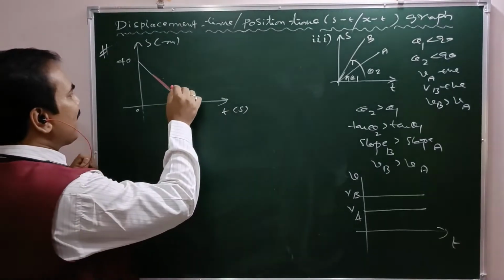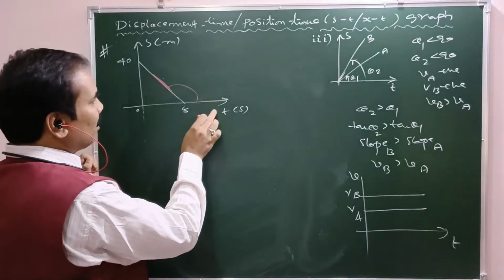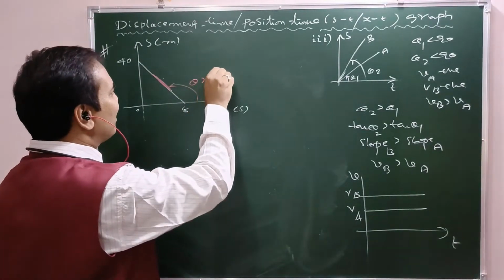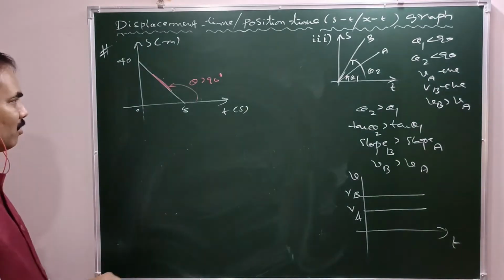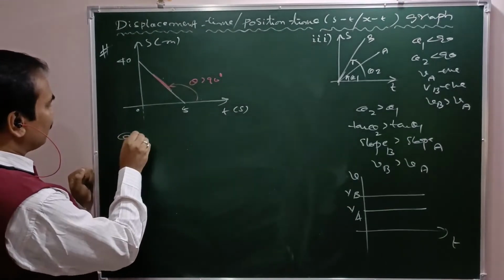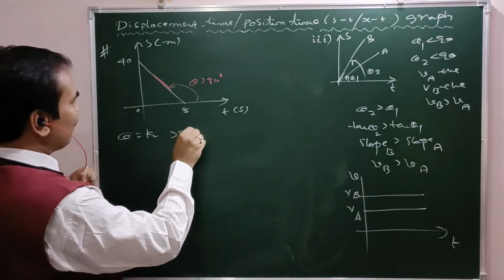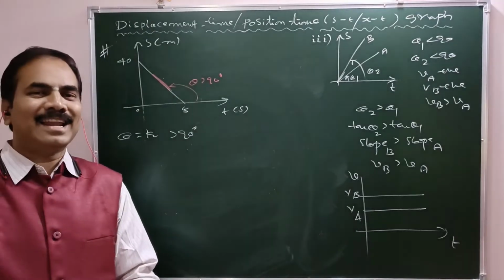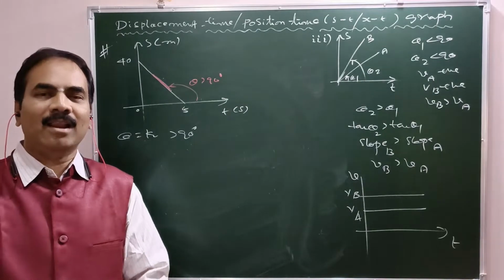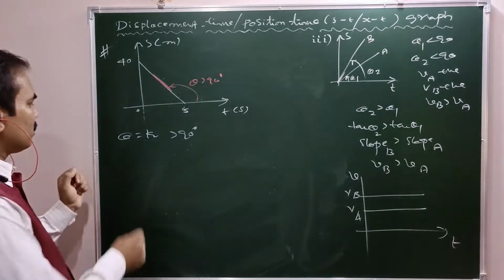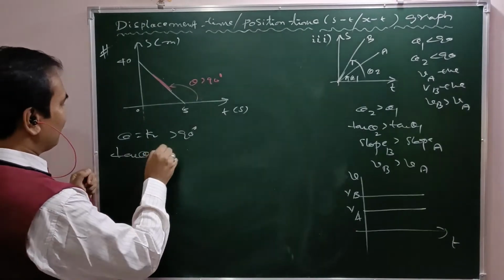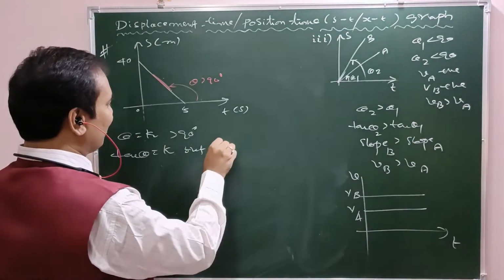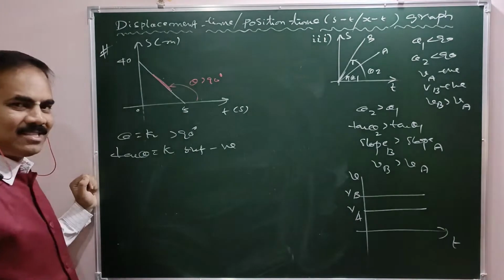Because the angle made by this tangent with the time axis, that is theta, is greater than 90 degrees, but constant. For theta greater than 90 degrees, for an obtuse angle, tan theta is negative. So tan theta is constant but negative.